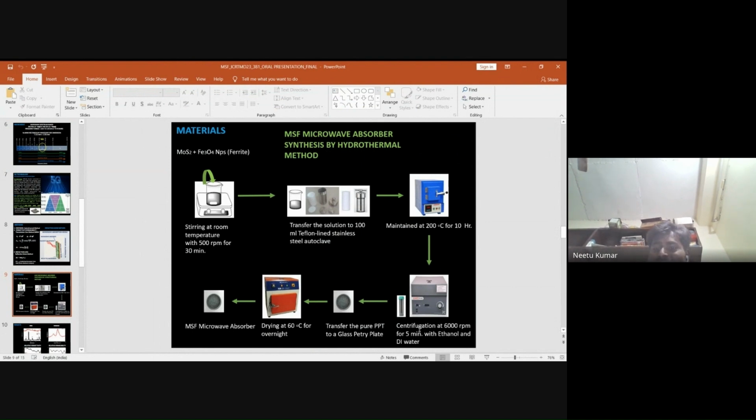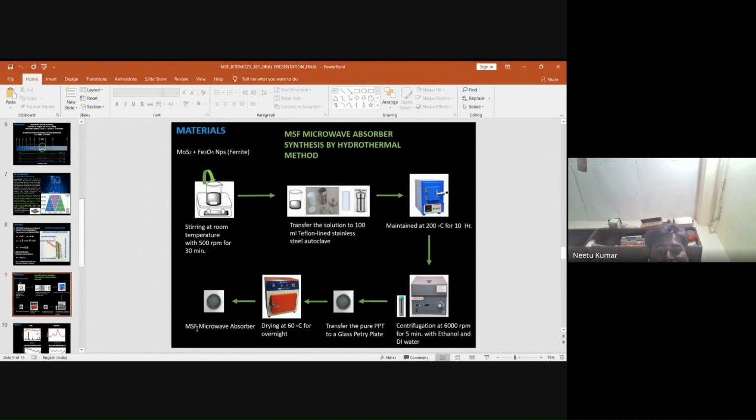After that, centrifuge at 6000 rpm for 5 minutes, washing with ethanol and DI water, then transfer to a Petri plate and dry at 60 degrees centigrade overnight. After that we get MSF, the short name of this material, MoS2-based ferrite microwave absorber.